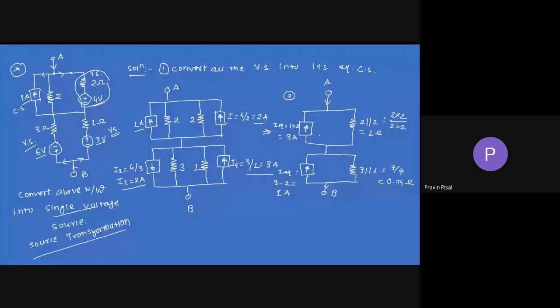So in the next slide, in the third step, convert the current sources into their equivalent voltage sources. Okay, so that will come like this.